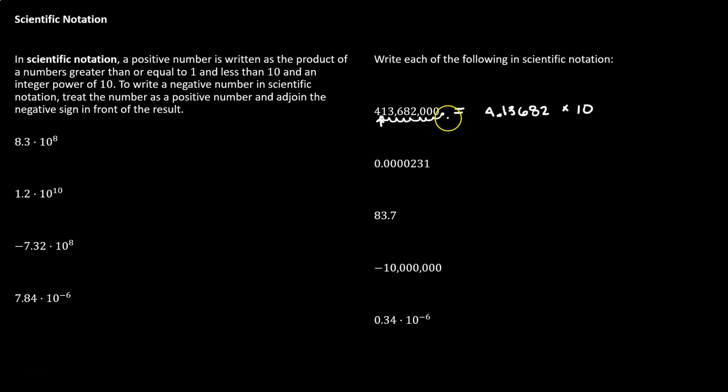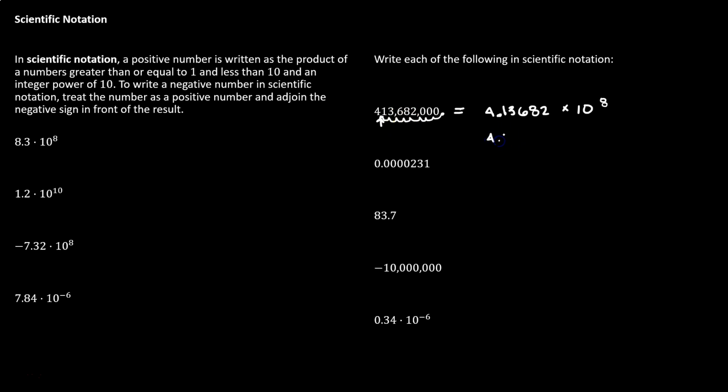In order to preserve the value of the number, I need this 10 to be raised to the appropriate exponent so that when I multiply this decimal 4.13682 times 10 to the power of 8, I will get back the original large number. So let's test it out.